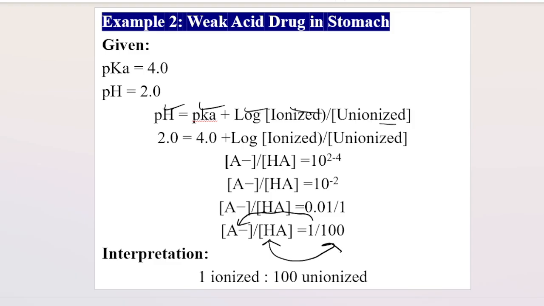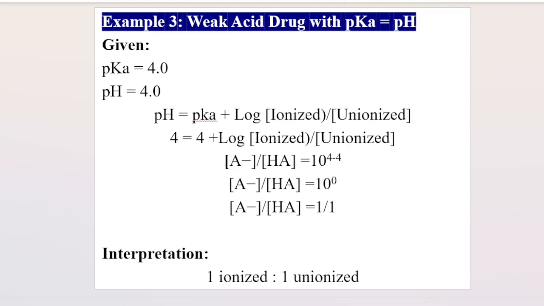If you see the next slide, that is about the weak acid drug with pH equal to pK, or pK is equal to pH. एक generalized formula है: when the pH is equal to pK, whether the drug is acidic or basic in nature, the ratio of ionized and the unionized form will be equal to 1 by 1.